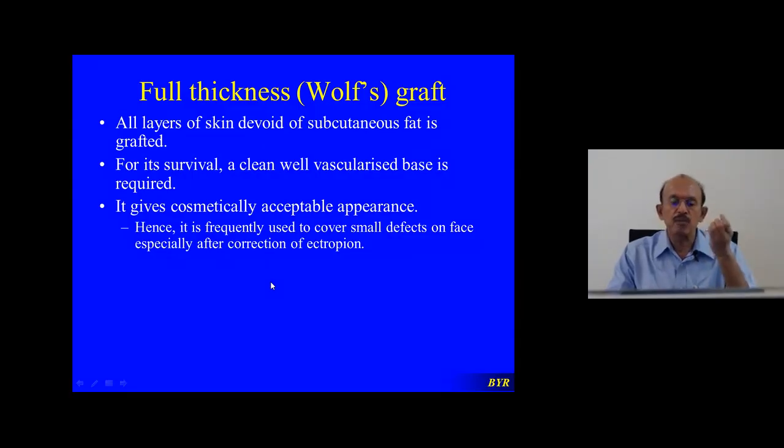So Wolfe's graft is not used frequently. It is used very infrequently. It is only confined to the correction of ectropion. Otherwise, because it has no blood supply of its own, if you place it in some other area, it gets necrosed.